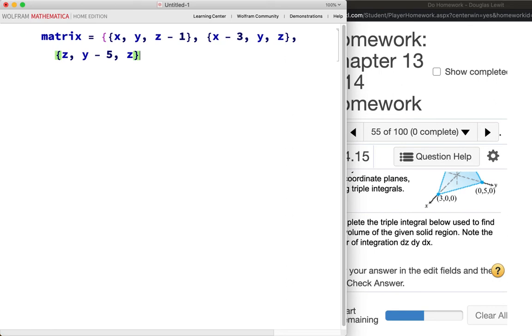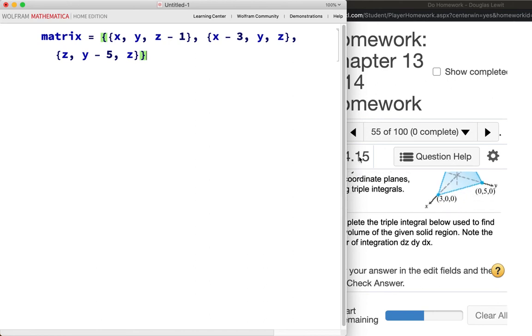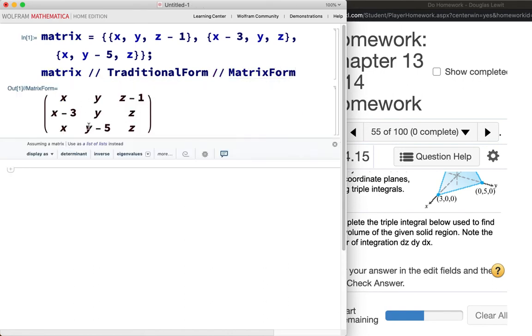Wait a minute, let me check my points here. So x, y, z minus 1, and then x minus 3, y, z, and, oh, no wonder. I knew something was wrong. Okay, x minus 0, y minus 5, z minus 0. That's much better. Okay, so that's the matrix.